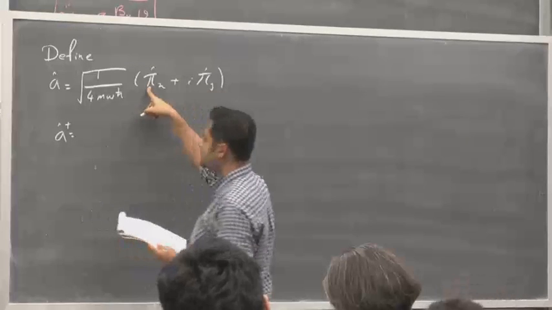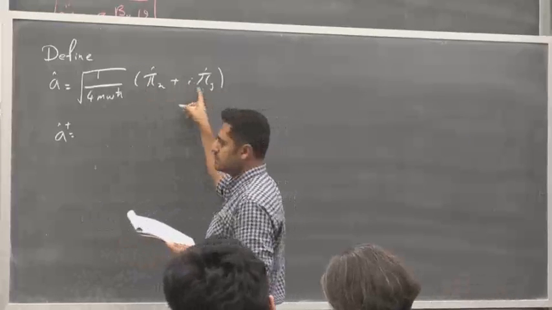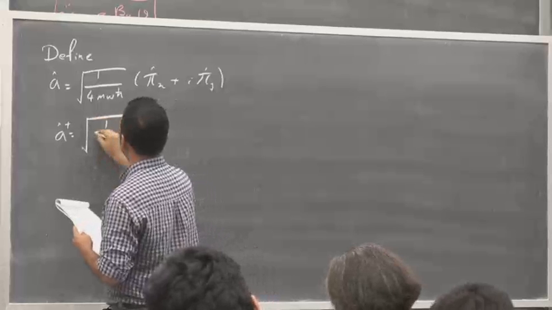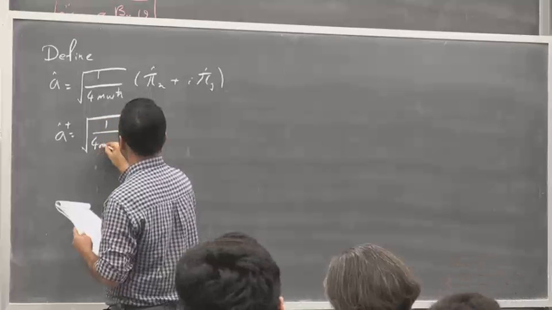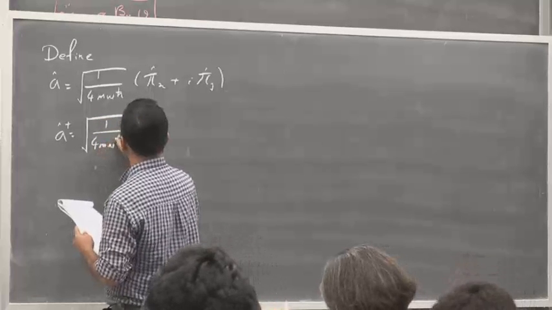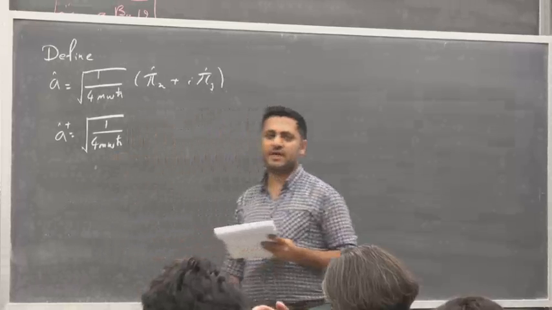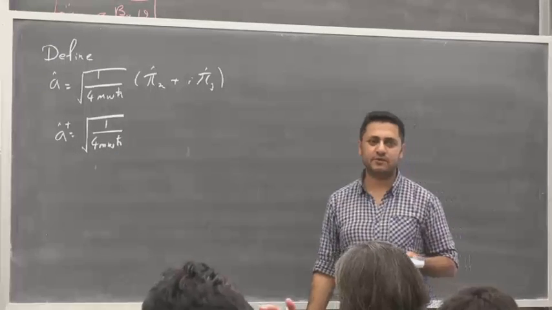So here this is like position, this is like momentum, and the coefficients in front you have to adjust so that you get the a, a dagger commutator equal to 1.